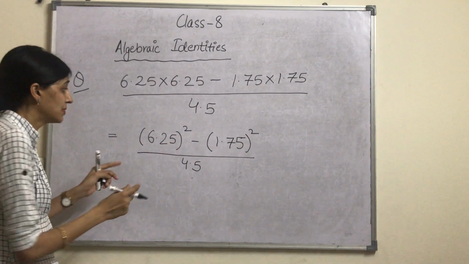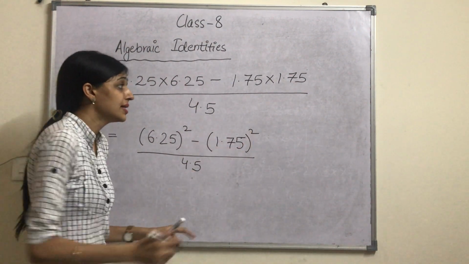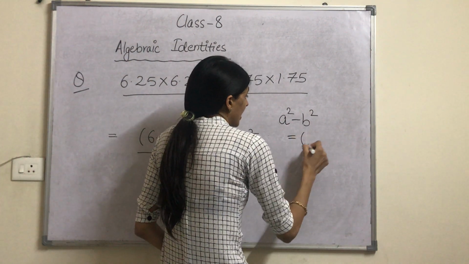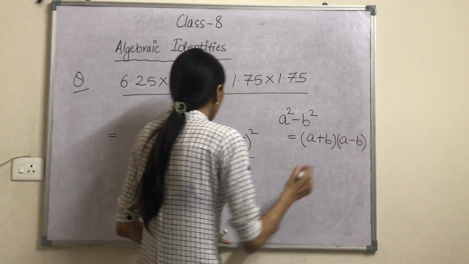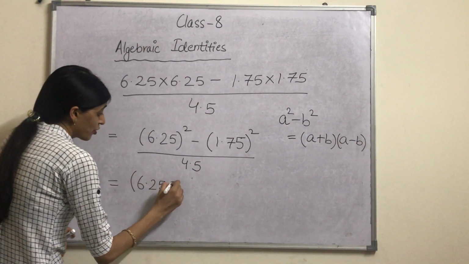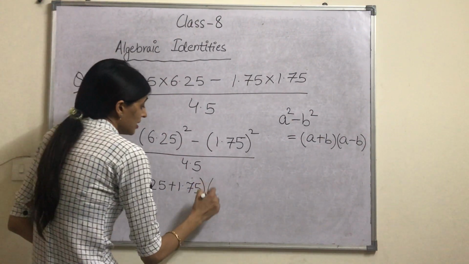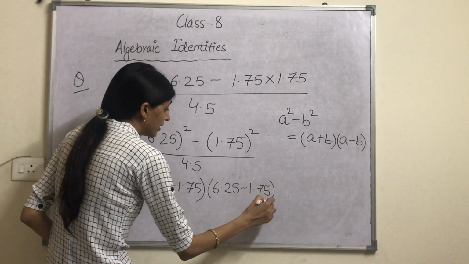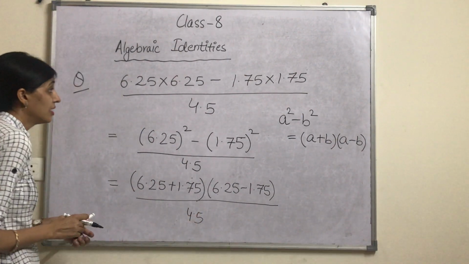Now what this becomes? A square minus B square. What is the identity of A square minus B square? It is (A plus B)(A minus B). So you have (6.25 plus 1.75)(6.25 minus 1.75) divided by 4.5, right?